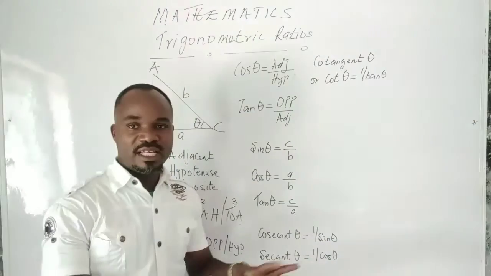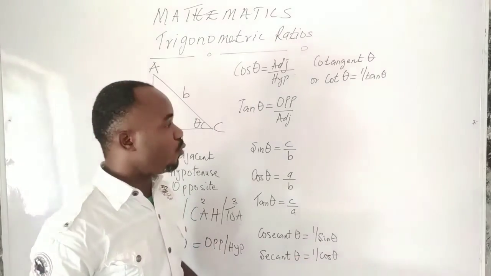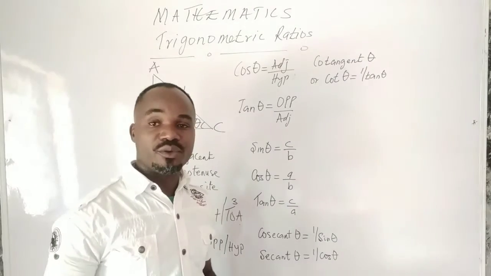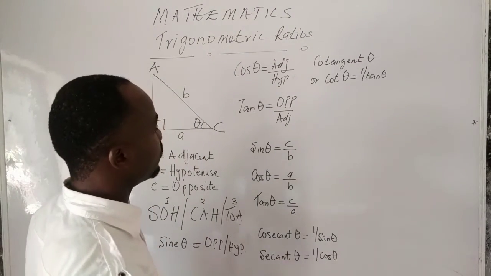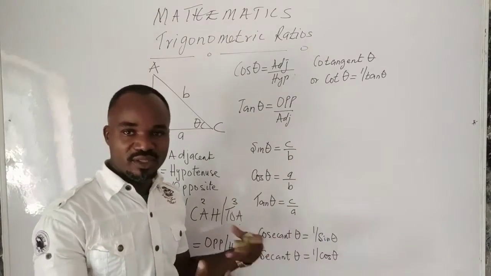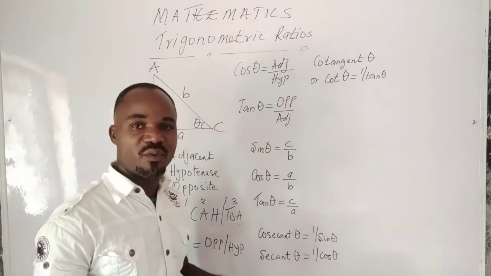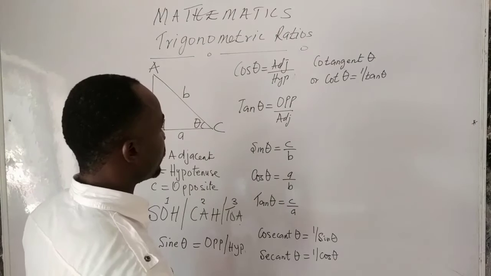We now have the basis of what we want to apply in solving trigonometric questions. Next, we are going to look at how to apply this. We consider a particular question and see how we can use it to resolve the question.